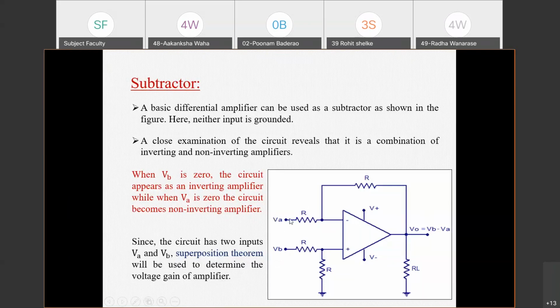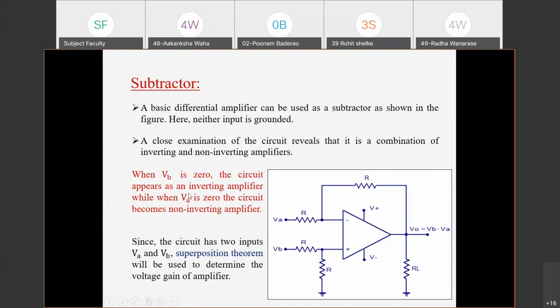Okay, so we will start our discussion regarding the subtractor. When VB equals 0, the circuit appears as an inverting amplifier. Suppose VB is considered as ground, then the input is given to the inverting terminal, right? So this circuit will work as an inverting amplifier, in inverting configuration.